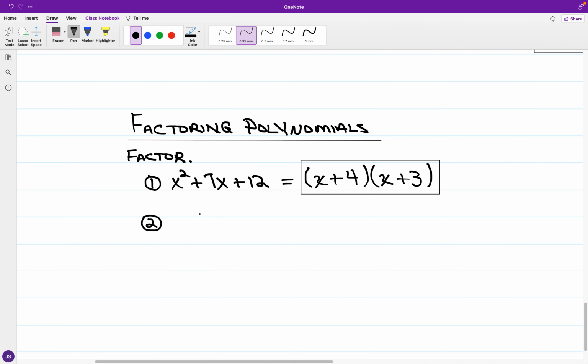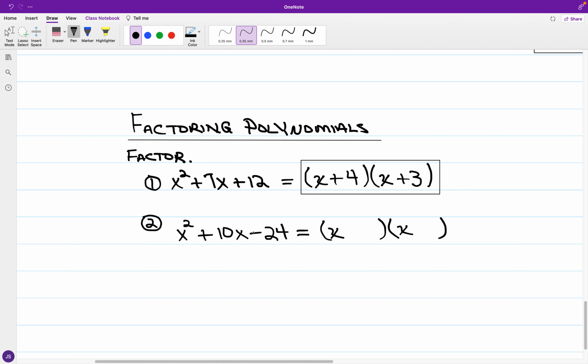Now let's say you have a case starting out with x squared plus 10x minus 24. Again, you have x squared, so this factors to x and x.